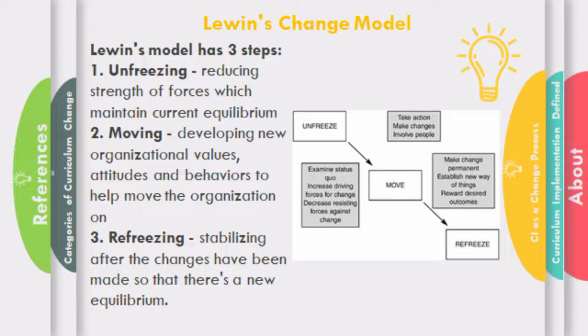Okay, so I have an example. Imagine you are sitting in a chair. Now what's keeping you in the chair? Well, there are two answers really. One is gravity, which is pushing you down in the chair, a driving force if you like.